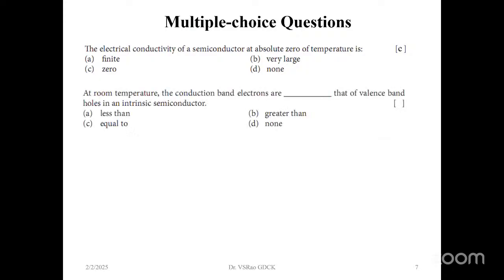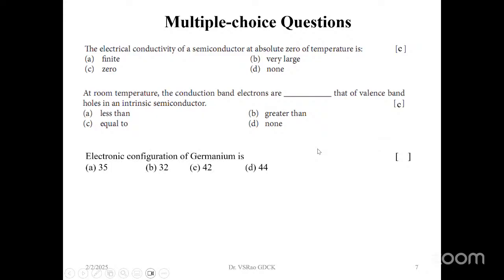The electrical conductivity of a semiconductor at absolute zero temperature: is it finite, large, or zero? At room temperature, the number of conduction band electrons compared to valence band holes in an intrinsic semiconductor is equal.